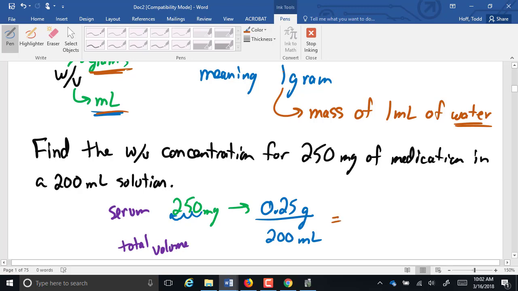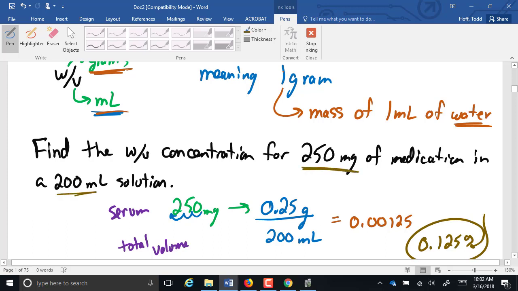So if we divide that out, you get 0.00125, or that is 0.125%. 250 milligrams in only 200 milliliters of solution sounds like a lot of medication, but it's not. That's an extremely small concentration.